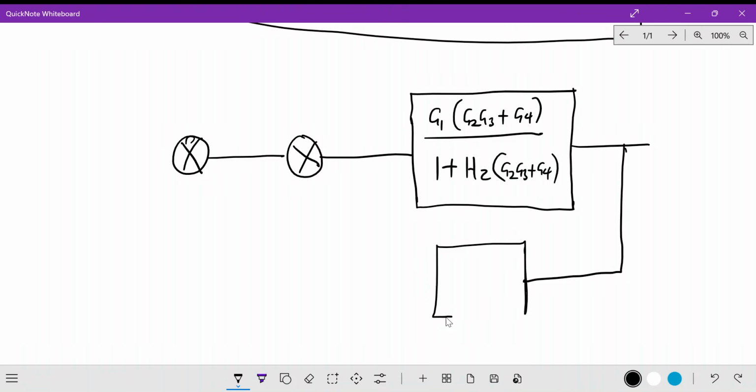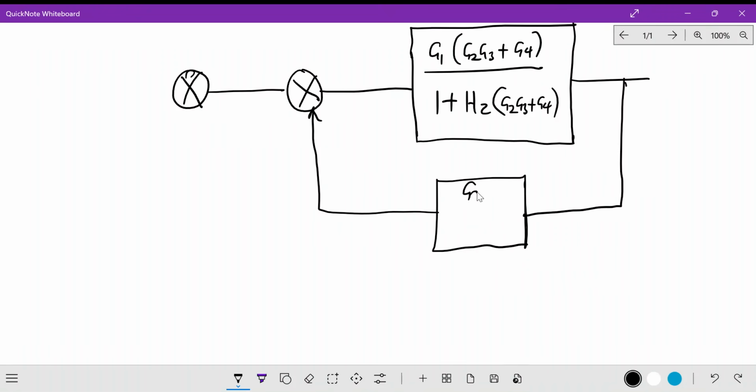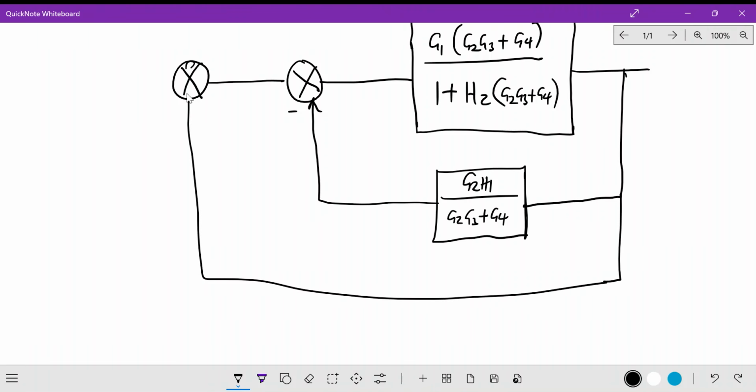Okay, it goes all the way up to here, and then this is G2 H1 divided by G2, G3 plus G4. Okay, it's negative feedback, and then also have a unity negative feedback, right? Okay, this is the input, which is R of S. The output is C of S.